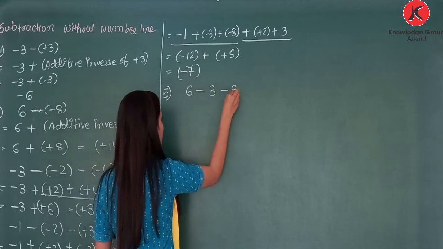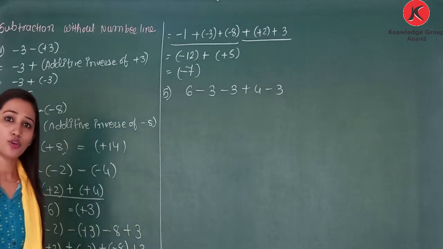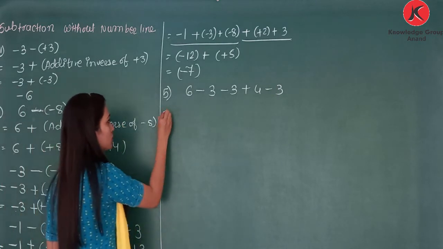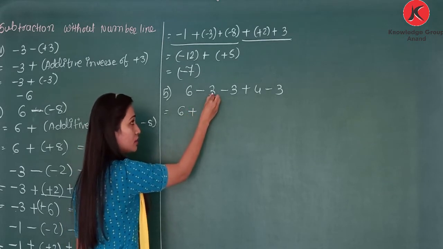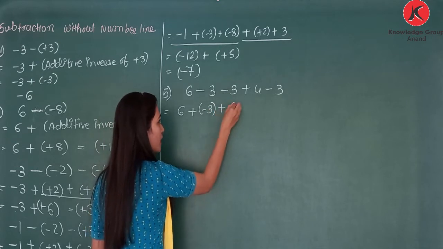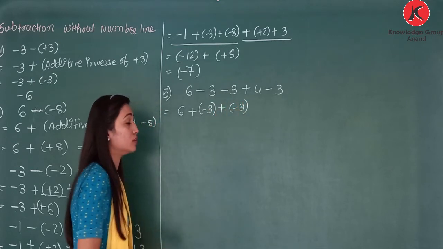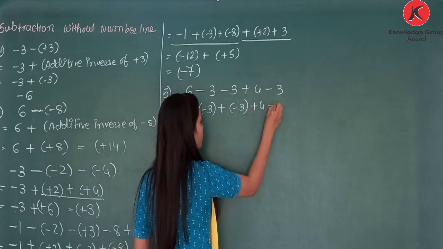Now if this kind of question is given, so here you can also change the sign. 6, negative become positive. 3, that is positive become negative. Minus become plus by writing additive inverse of 3, that is -3. Plus 4 plus.